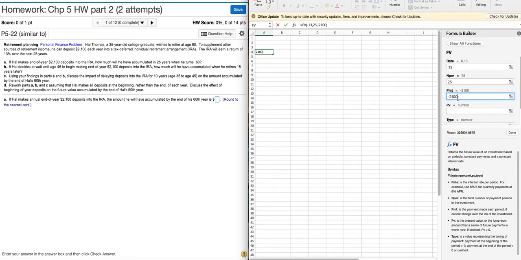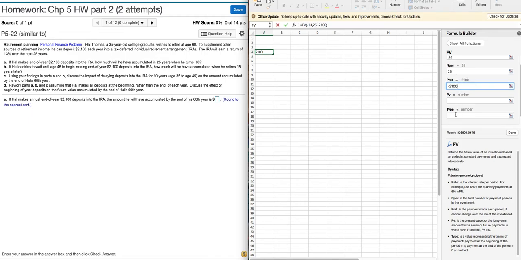And we don't have a present value. This is an annuity. Again, if this was a one-time lump sum of $2,100 not happening every single year, then the present value would be $2,100 and there would be no payment. But being that there's multiple deposits that are of the same dollar amount, this is an annuity, and that's why we're using the payment box instead.